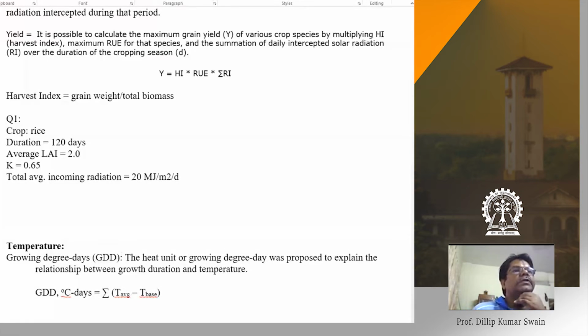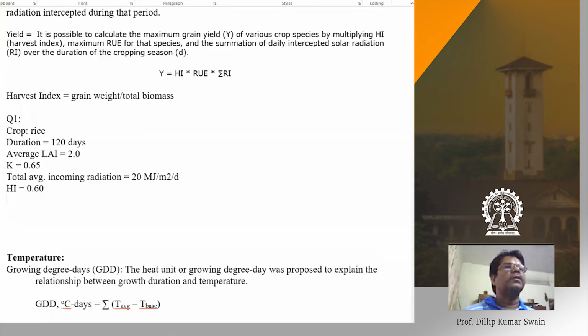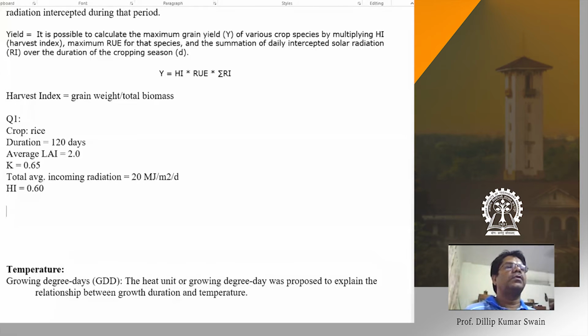Rice, 120 days, LAI. The harvest index, HI, is equal to 0.60. And what is the total biomass at maturity?